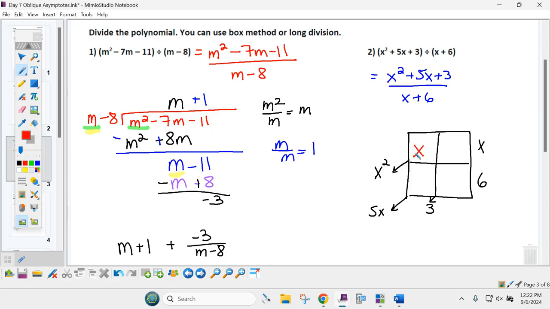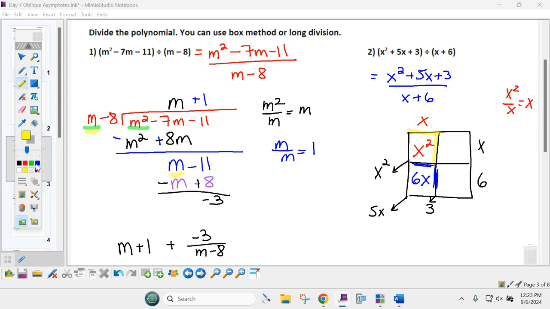First step, the first term gets replaced in the first box. x squared divided by x equals x. Technically what you're doing is figuring out length times width, x times x, which fills in the area of that corner. Then we multiply back. x times 6 is this area, because it's x for the length, 6 for the width.